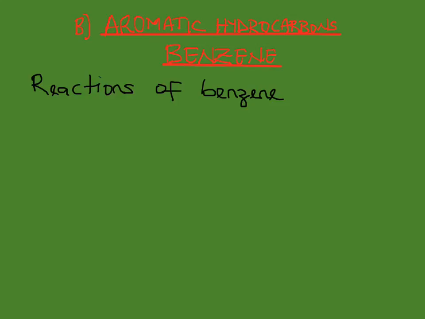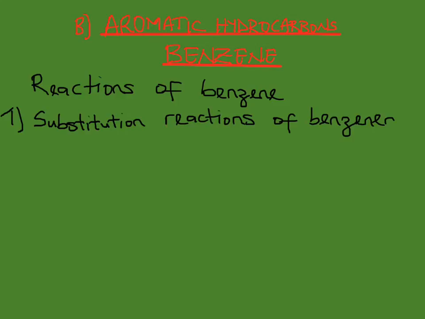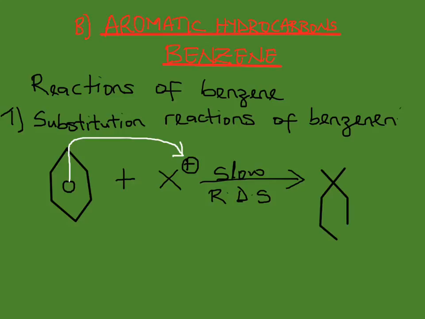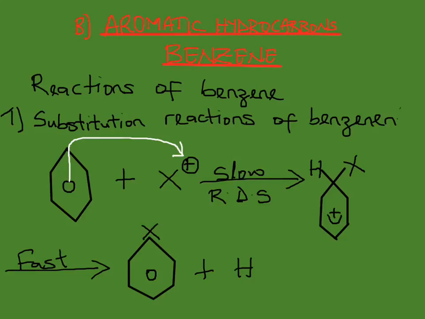The first type of reaction of benzene we'll be looking at is substitution reactions. Due to the delocalized pi electrons in the benzene ring, substitution reactions of benzene are electrophilic. The electrophile, like you can see there, X plus, represents an electrophile. The electrophile attacks the pi bonds in the benzene ring.